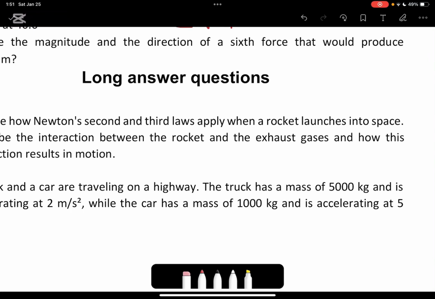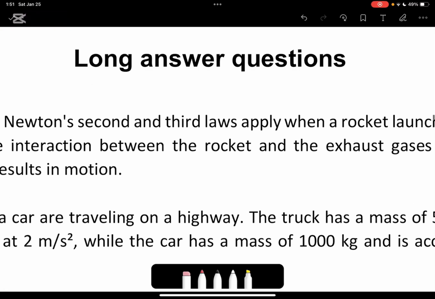According to Newton's 3rd law, the rocket pushes exhaust gases downward, so it moves up, and in response, the gases push the rocket upward with an equal and opposite force.